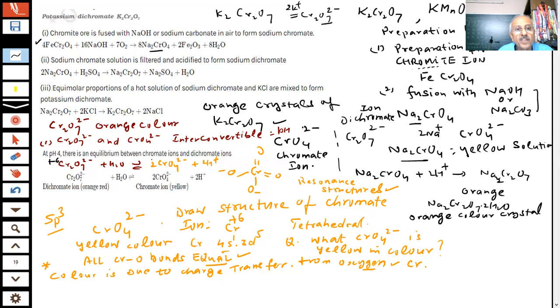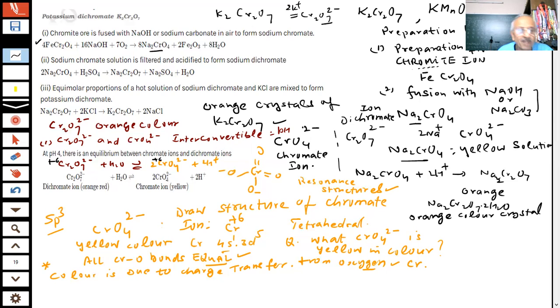Both oxidation states are the same, students. The important point is that the oxidation state is the same, but an equilibrium exists. If I increase the H plus concentration, if the pH decreases, then it will move towards the dichromate ion. And if I remove these H plus ions, then dichromate will get converted into chromate ion. So that is an important point, students.